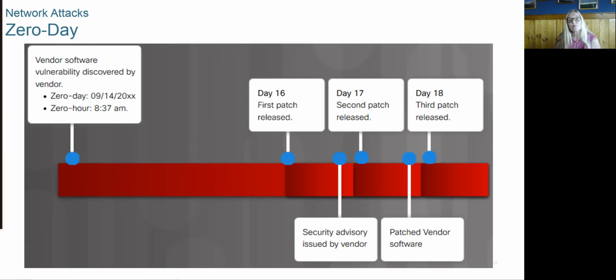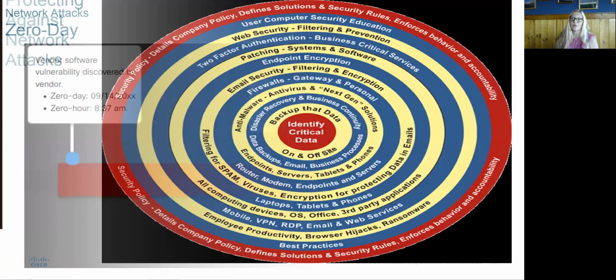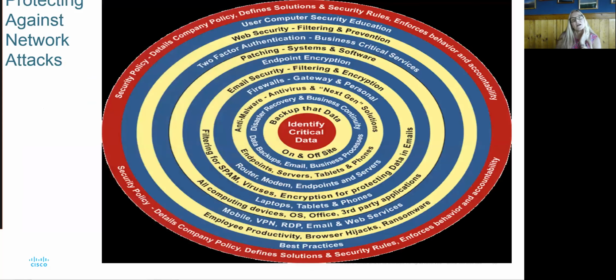The software can be exploited until a patch that addresses the vulnerability is made, which is why it is so important and crucial that you update your operating systems, and that you update your applications as well, because it's super important.